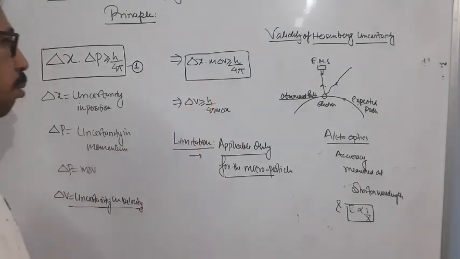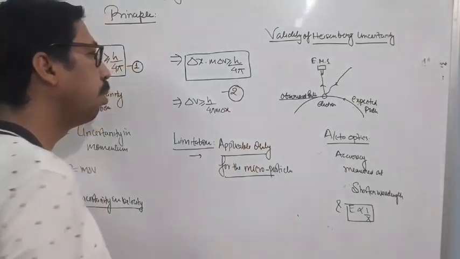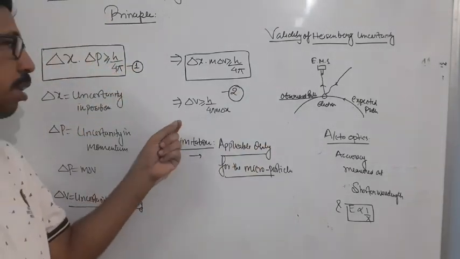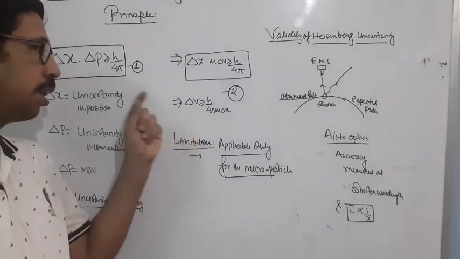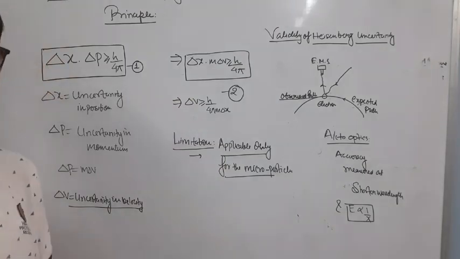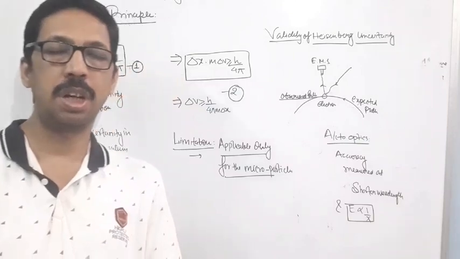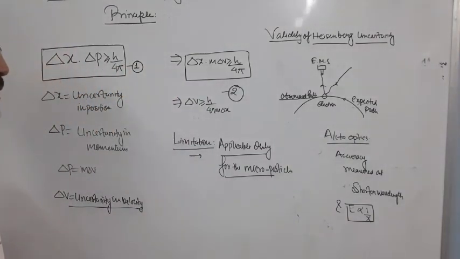And by using this equation, our equation number 2, we can find out the uncertainty in velocity, and that is del v greater than or equal to h by 4 pi m del x. h is the Planck's constant and m is the mass of the particle like electron.